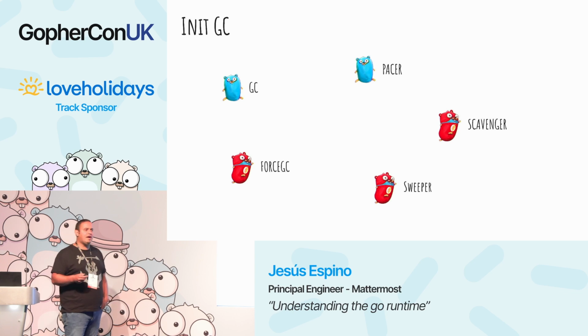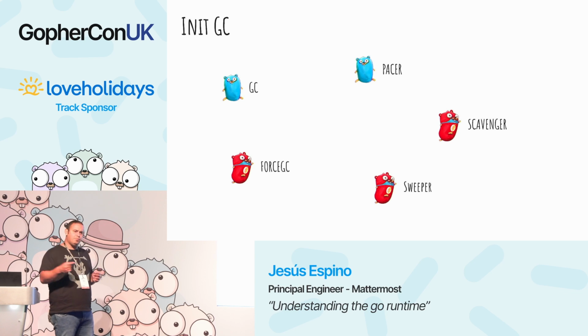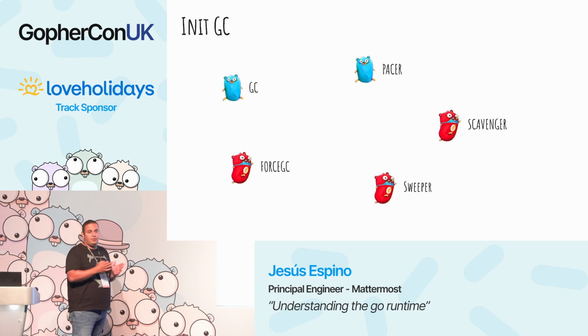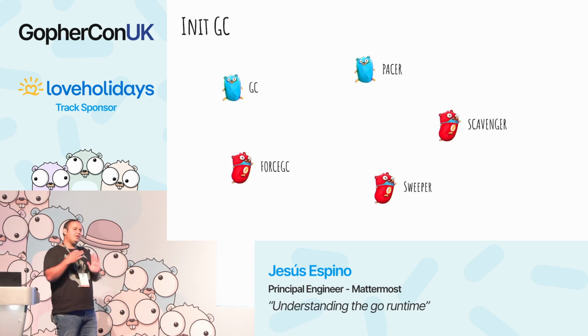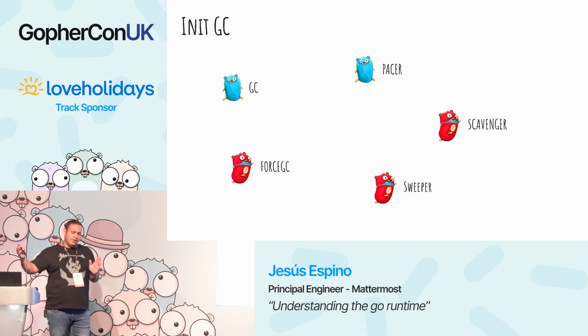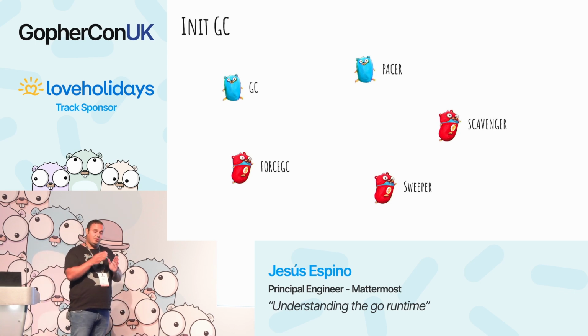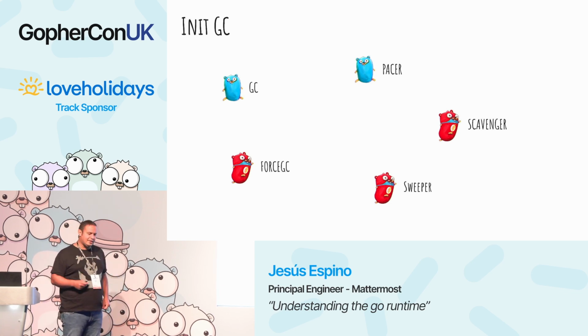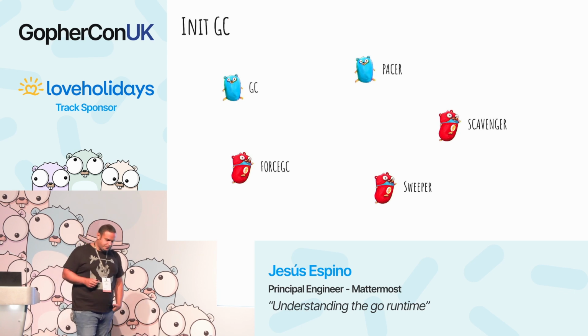For example, if you have 16 megabytes in memory, whenever you have 32 megabytes, it's going to pass the garbage collector and reduce that to, for example, 20. So the next garbage collection pass is going to be whenever it's 40 megabytes. That's the idea, doubling the memory that was there after the last garbage collection phase.